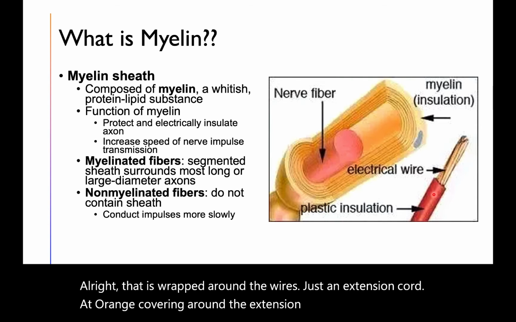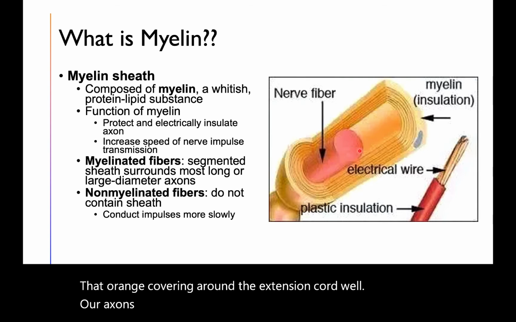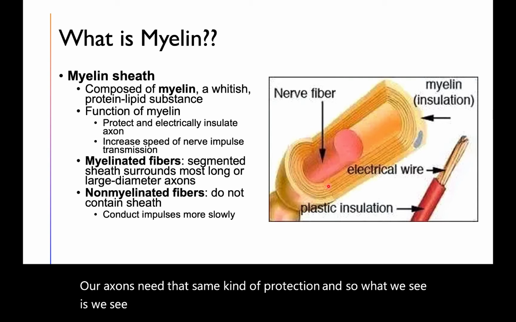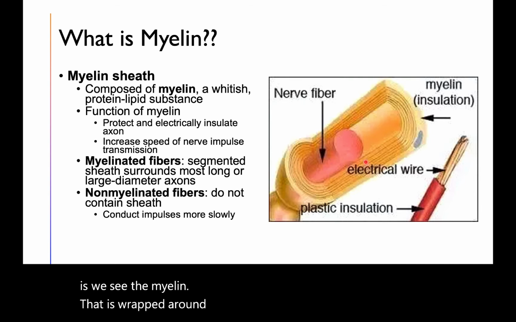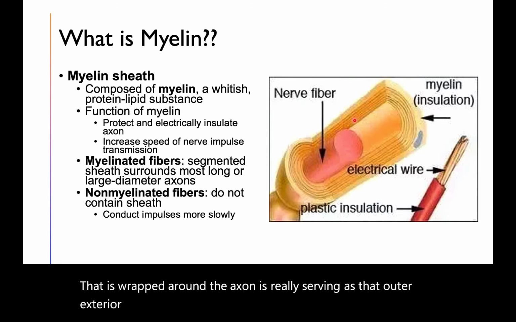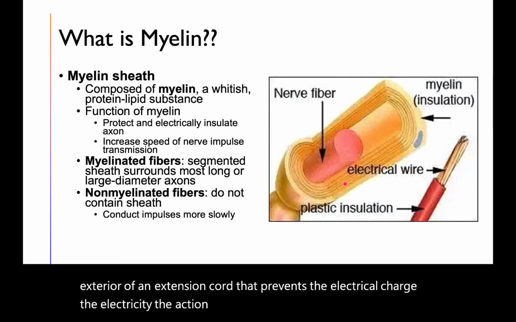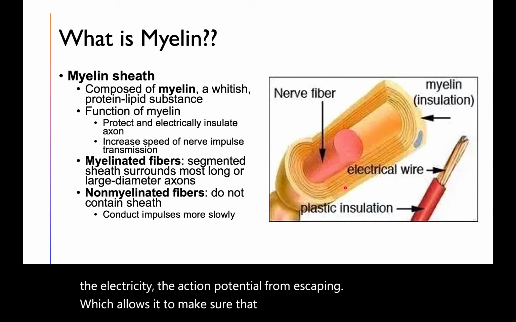Well, our axons need that same kind of protection. And so the myelin that is wrapped around the axon is really serving as that outer exterior of an extension cord that prevents the electrical charge, the electricity, the action potential from escaping, which allows it to get, in a very rapid fashion, from point A to point B.